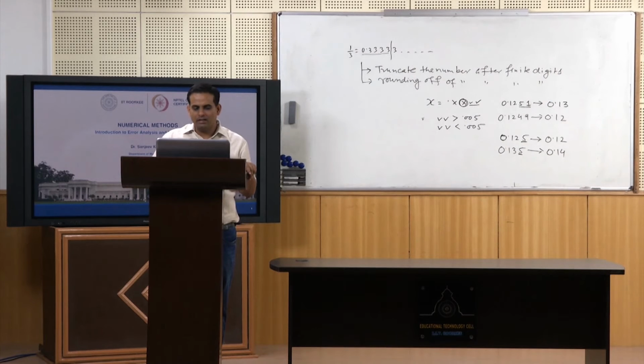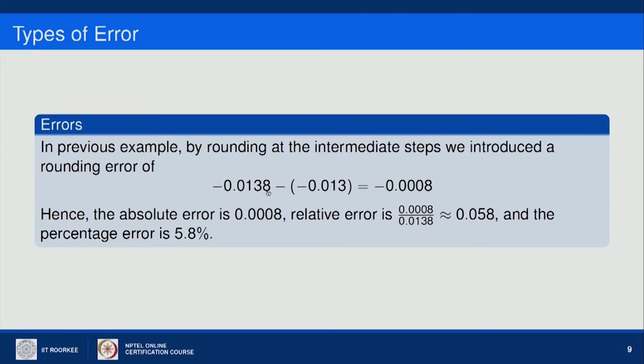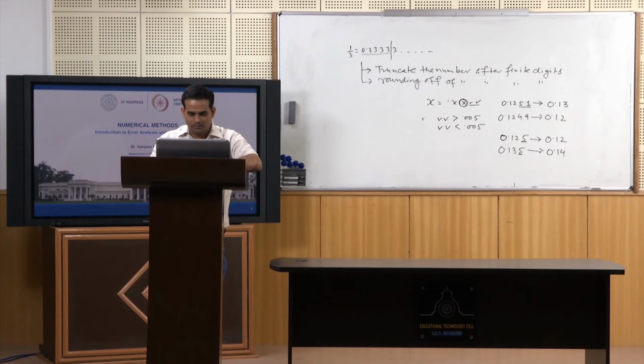The term truncation error is used to denote error which results from approximating a smooth function by truncating its Taylor series representation to a finite number of terms. So, if we take this particular example, here the true value is minus 0.0138, while the approximate solution which we are getting by rounding each intermediate calculation up to 2 significant digits is minus 0.013.